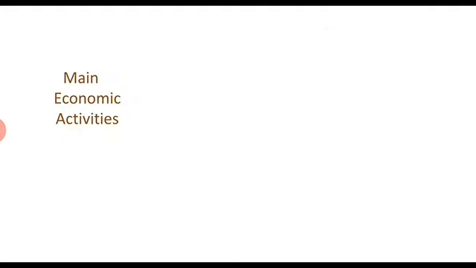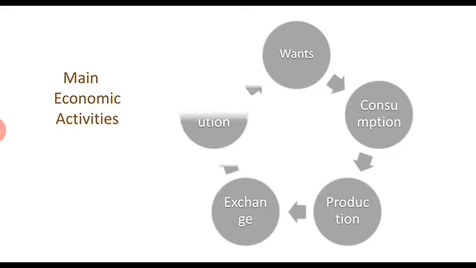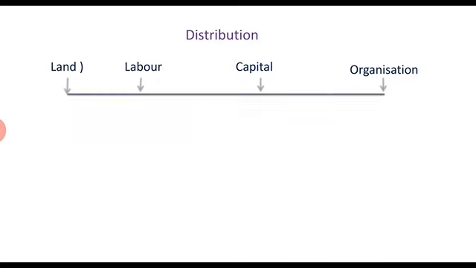Main economic activities of man are wants, consumption, production, exchange, and distribution. Land, labor, capital, and organization are factors of production. The collective effort of the factors of production is production.